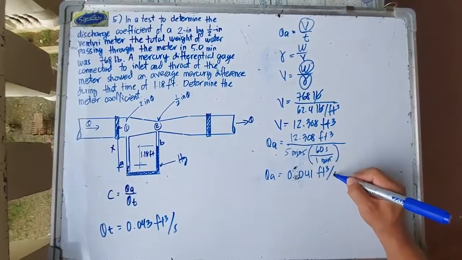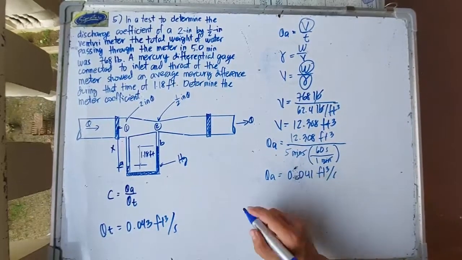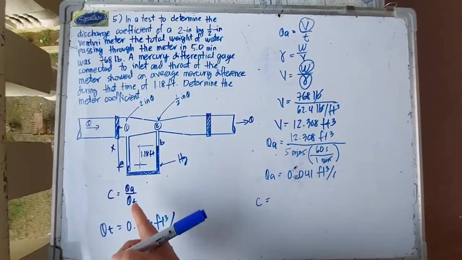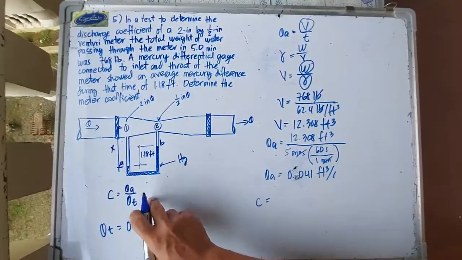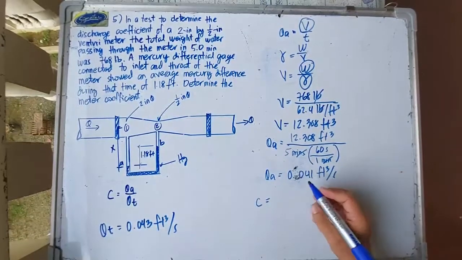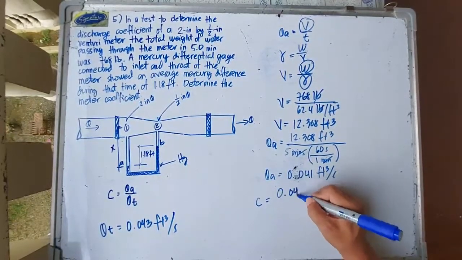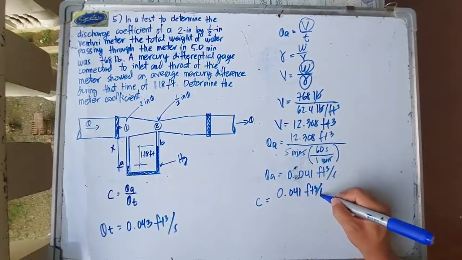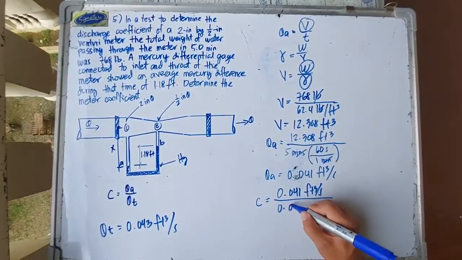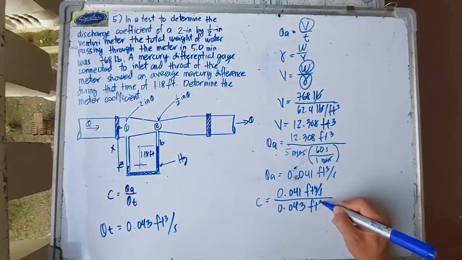Now we can solve for the coefficient of the Venturi meter by simply solving for the ratio of the actual and the theoretical discharge. So 0.041 cubic feet per second divided by the theoretical discharge of 0.043 cubic feet per second.